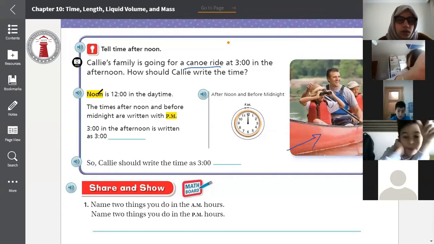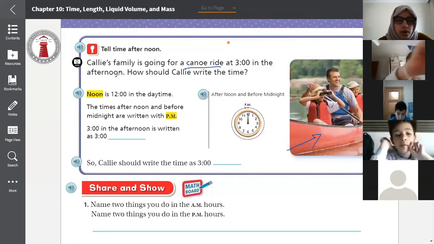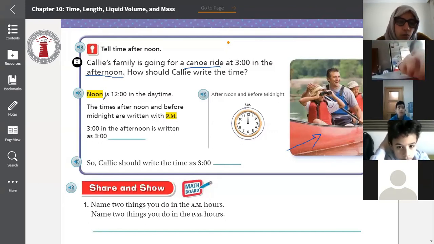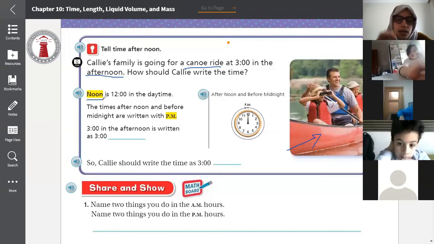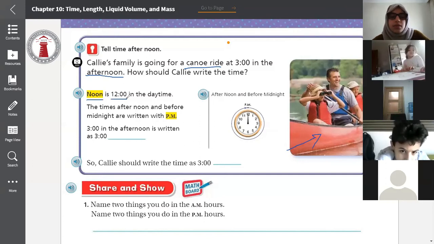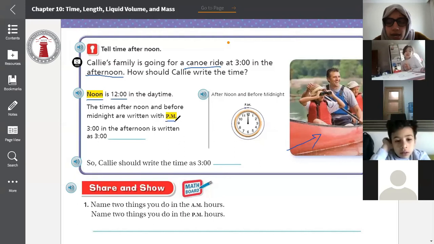So here we want to say that 3 is in the afternoon. How should Callie write the time? We're trying to say that noon is the time we want to leave for this trip. So 12 in the daytime, not in midnight. We need to use PM here to say that it's noon time.